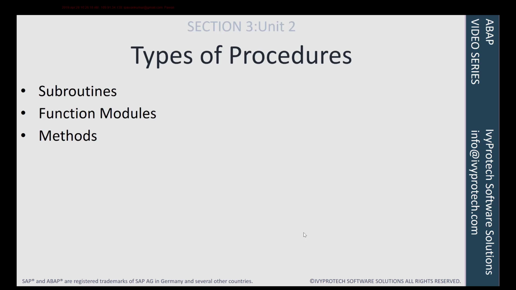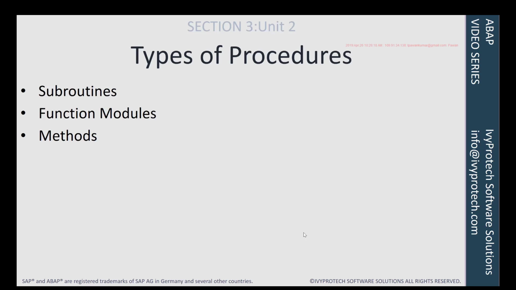But if you are looking at reusability within the system, in the sense you have multiple programs which need certain functionality, then instead of repeating the code in every program, you can create a function module and then call that function module in all those programs. For function modules, SAP provides a function library where you can go and search for existing function modules. That way you can find them easily. So if you are looking at reusability across programs, use function modules.